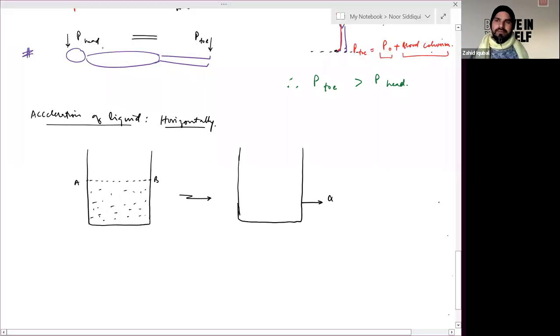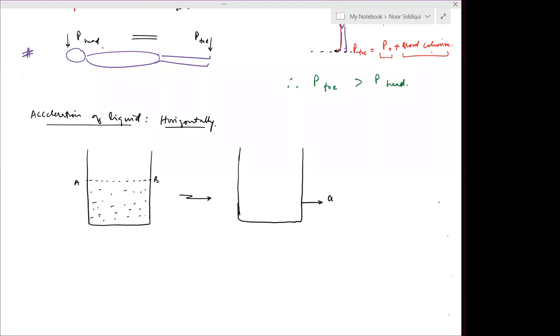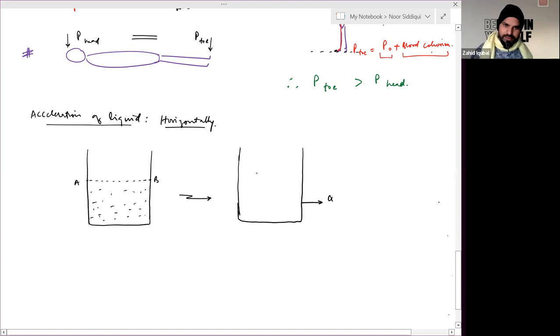Will there be any change in level of liquid? Yes, sir. Towards which direction? Towards the backward direction. Good. So the level of liquid may get change like this.